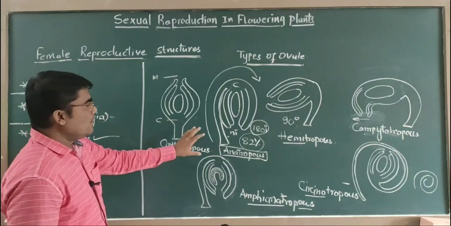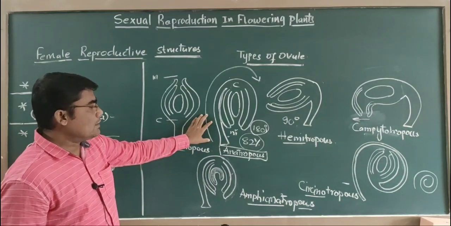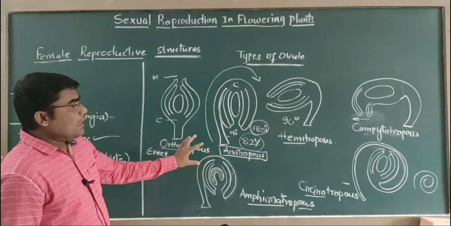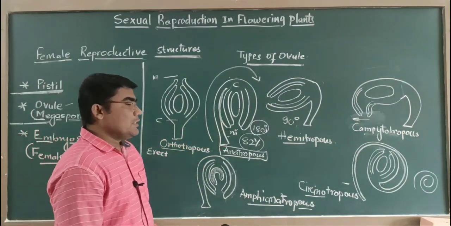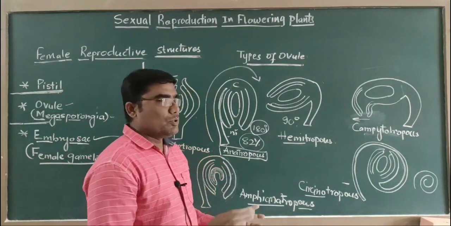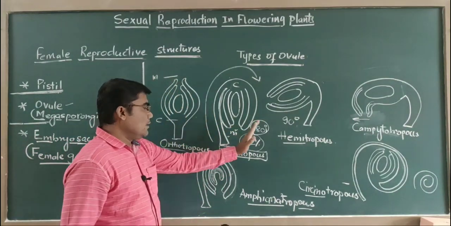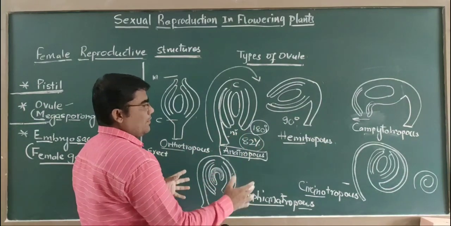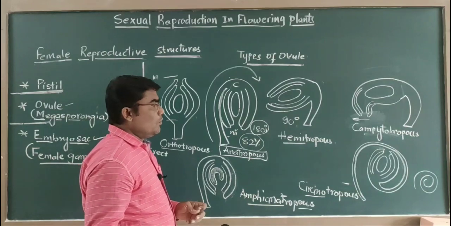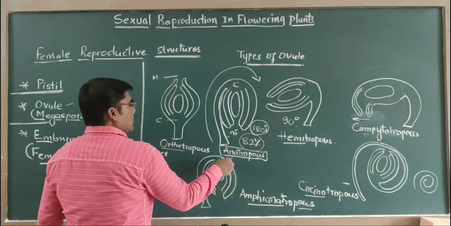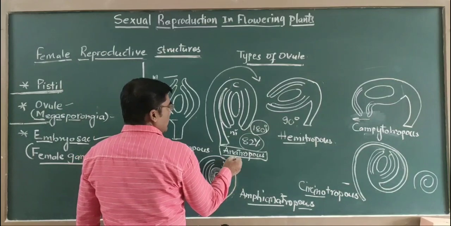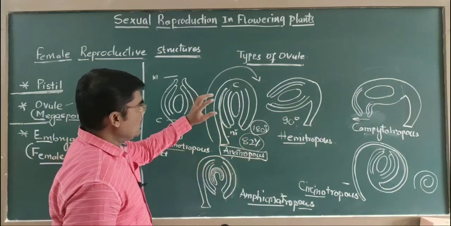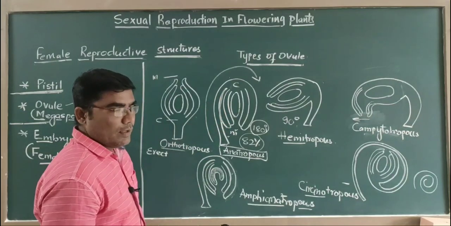In NCERT a little bit is mentioned about the different types of ovules, but it is not totally clear. So here is the clear concept about the different types of ovules, and this overview may give a clear idea about the Anatropous ovule.